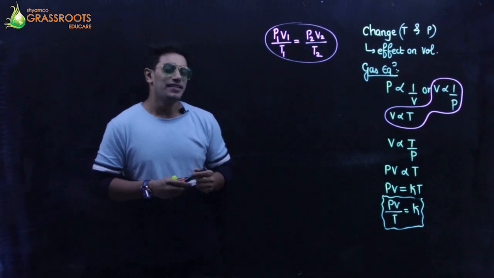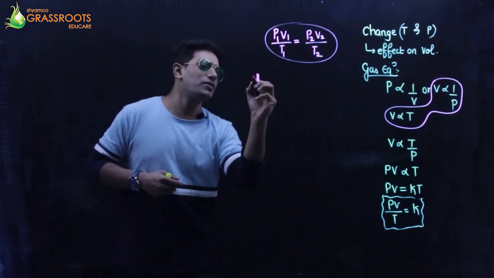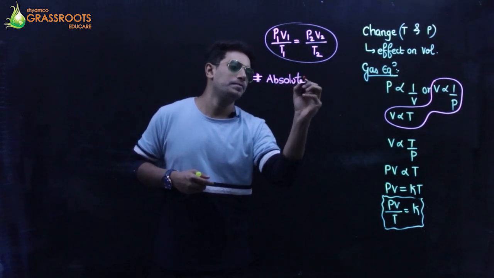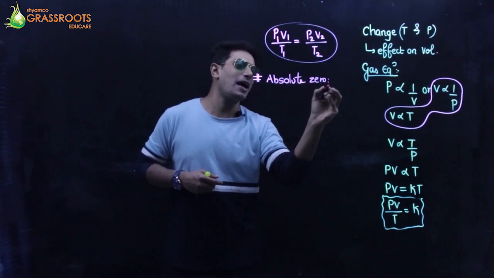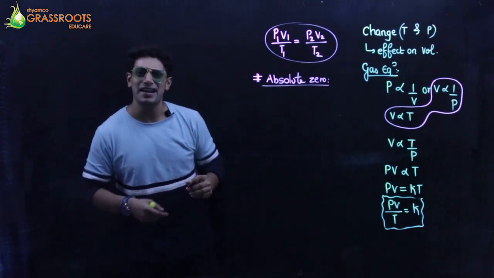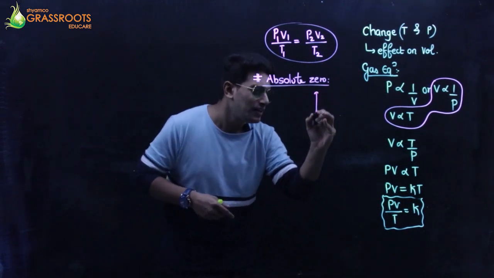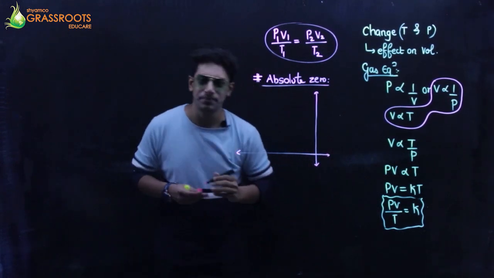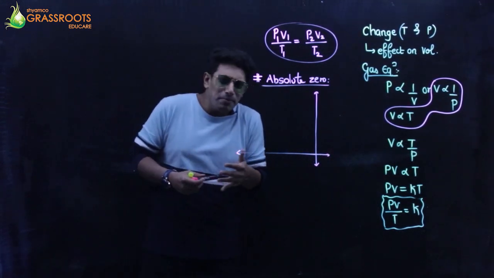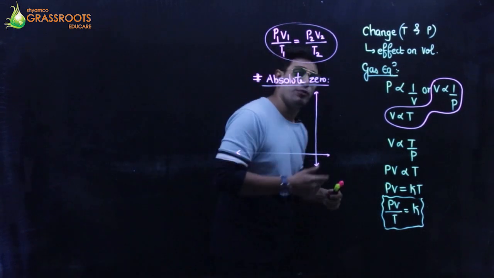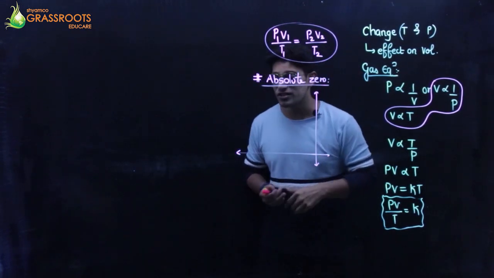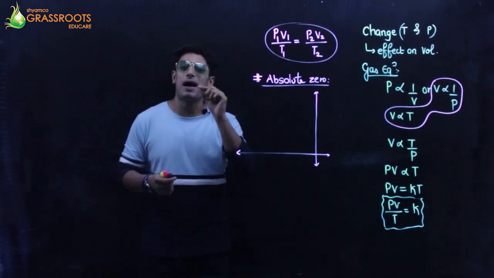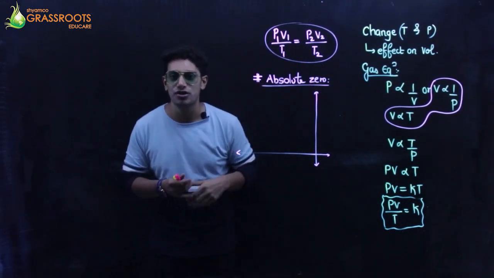Alright. The next part of the answer is about the absolute zero and the absolute scale. Now it is said that on this earth, the minimum temperature which was attainable, which the scientists could reach, is minus 273 degrees Celsius.